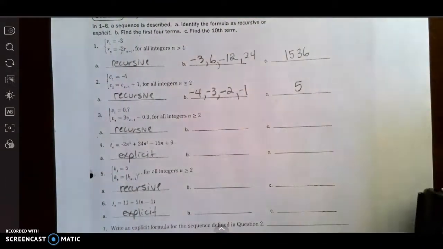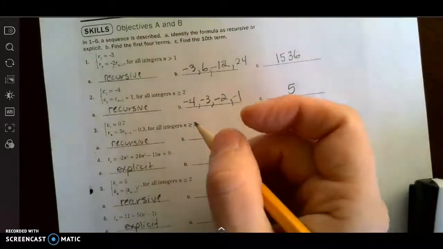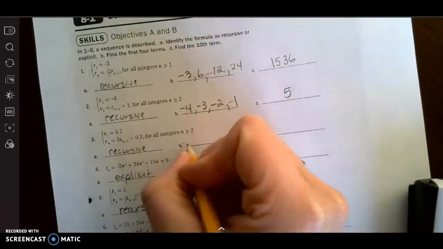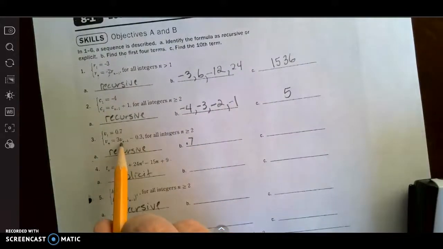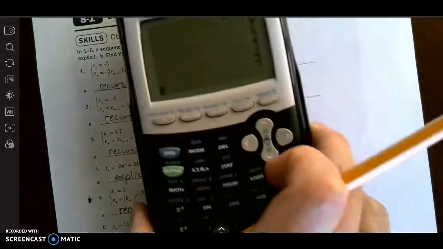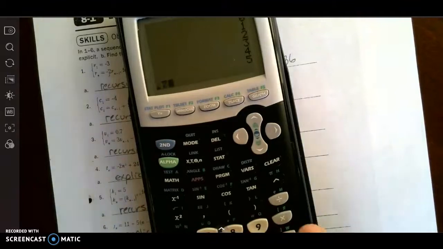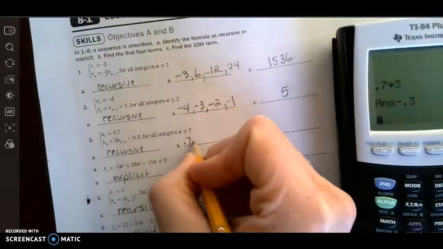Okay? All right, let's go to number 3. Number 3 says I'm going to start at 0.7. Now this is a little bit more involved. I'm going to multiply the previous term by 3 and subtract 0.3. So I've got 0.7 and I'm going to multiply by 3, and then subtract 0.3, and I get 1.8.